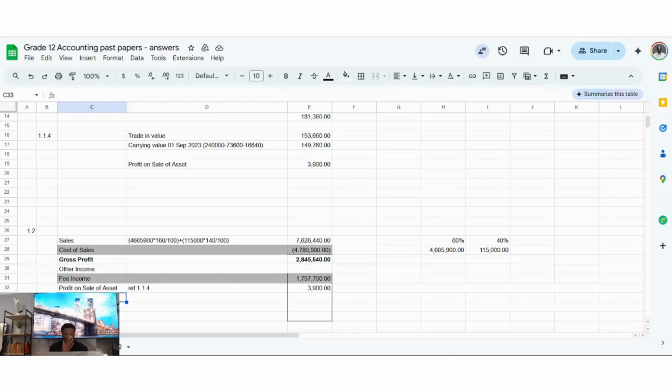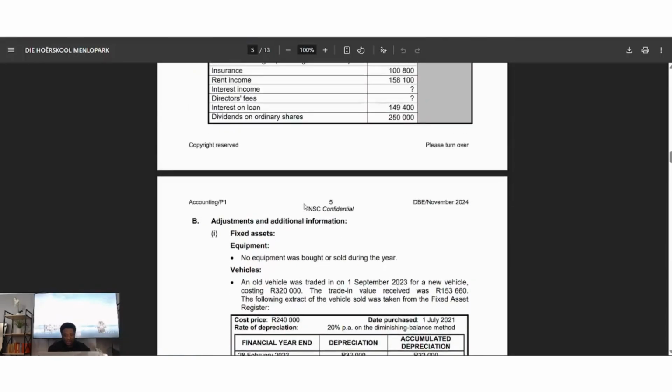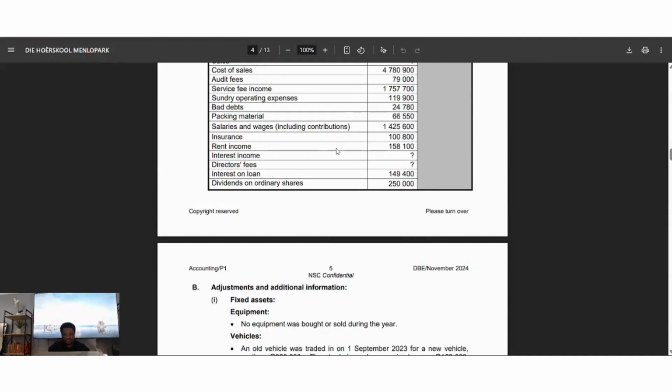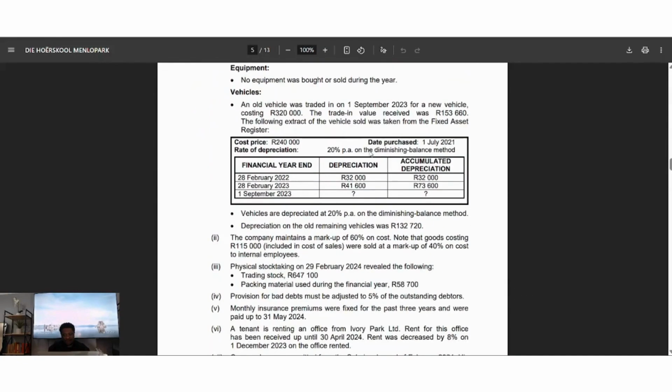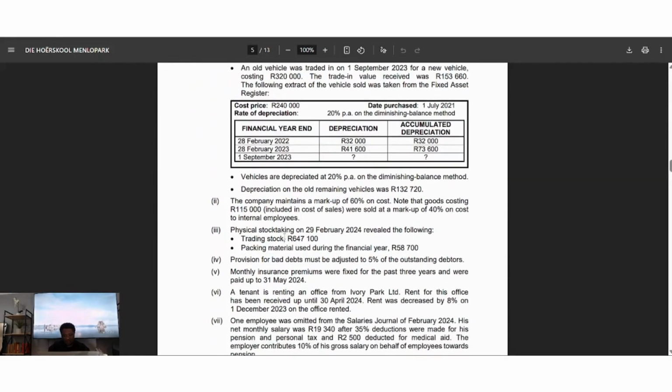And then we'll move on to calculate the rental income. Okay, so with the rental income, let's see some of the information given first. Rent income, we're given 158 to 100, and then let's find the information relating to rent income.